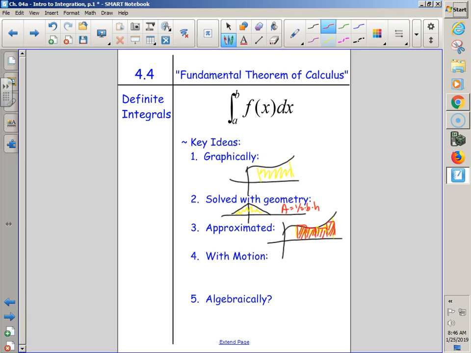With motion, now we've talked about how to go backwards from acceleration to velocity, and how to go back from velocity to position.